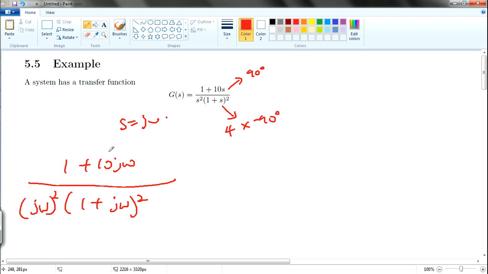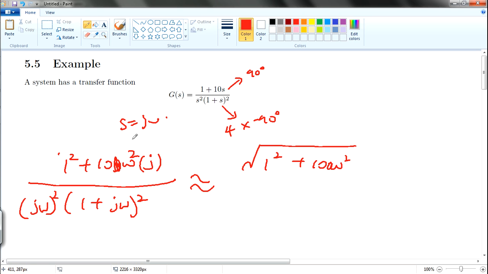If you were to do it in magnitude form, you will have 1 squared plus 10 omega squared, 100 omega squared. Because this j in j omega is some unique vector saying that it is on the y-axis, you don't need to square it. It's just the magnitude, because this is real, this is imaginary. When you plot, it's just 10 omega. So you don't need to square the j.